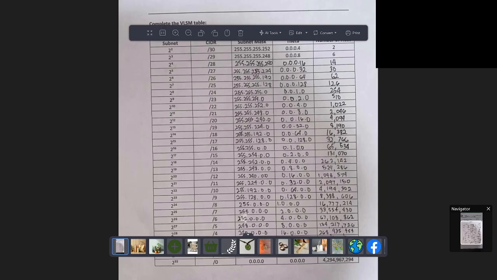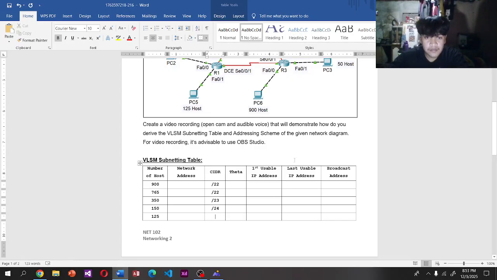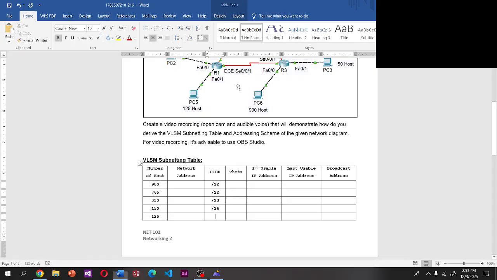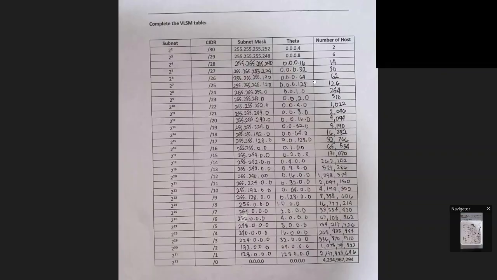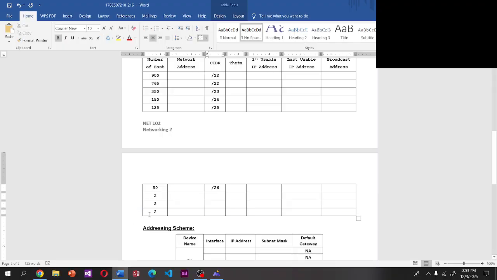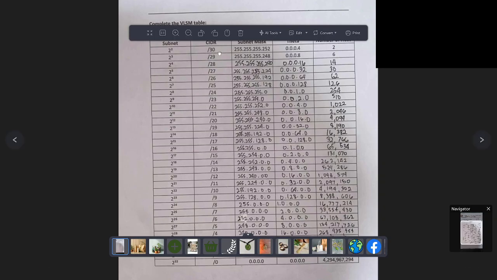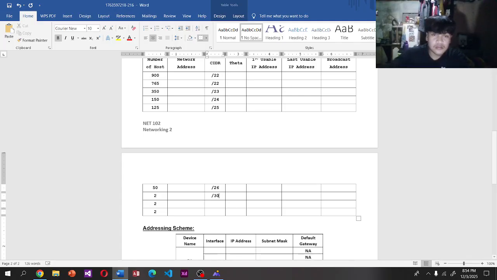For 150, it is 24. For 125 it is 25. For 50, it is 26. And for our router links, it is 30, 30, 30.